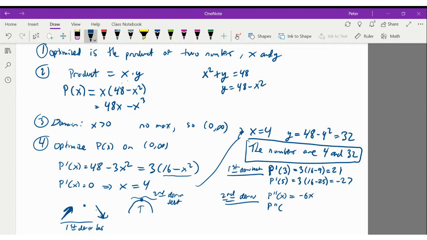I plug in x equals 4, and I see that this is negative 24. What that tells me is that at x equals 4, whatever the function is that gives the product is concave down. So that critical number must be sitting on top of a concave down function and is once again a maximum. So there you go. That's how you know that this is a maximum.